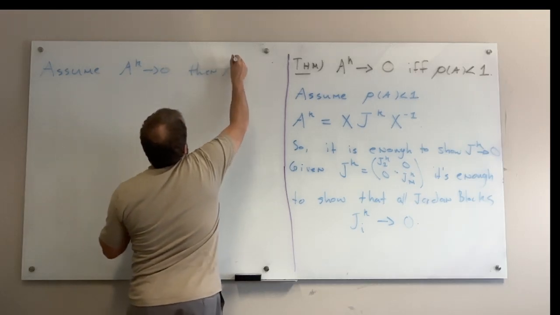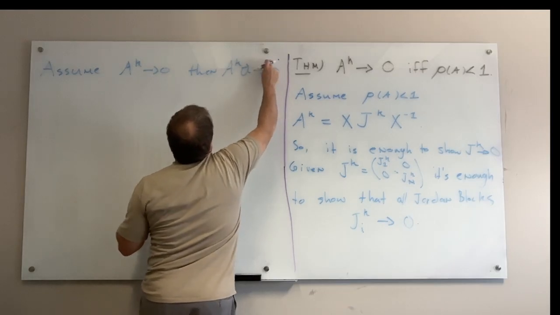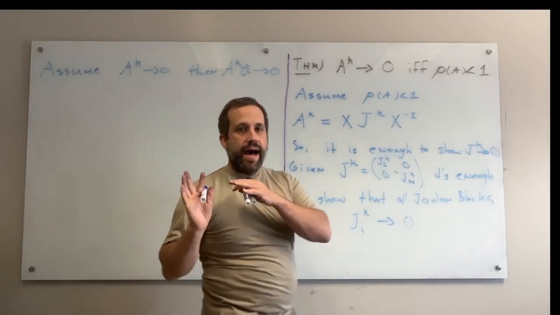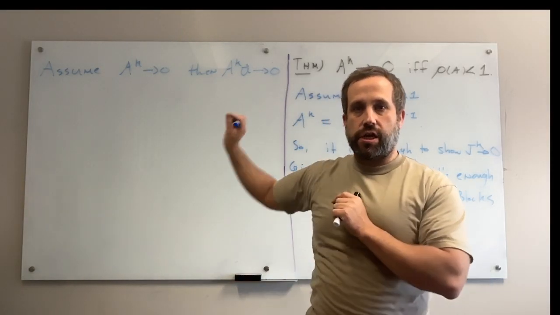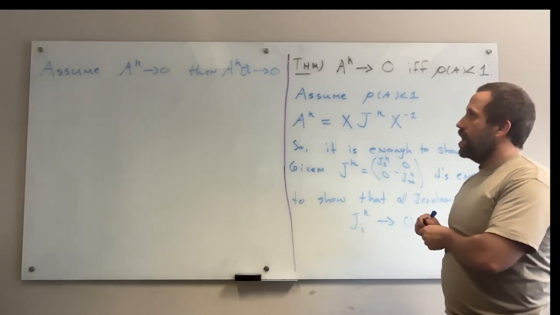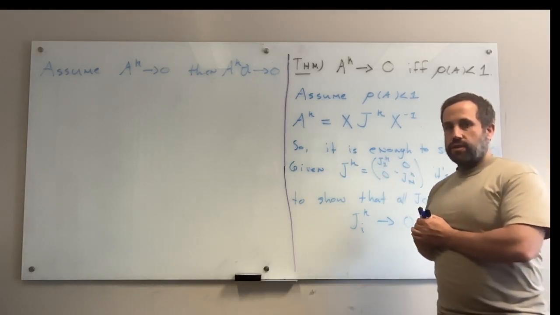Then we know that A^k times any particular vector is going to go to the 0 vector. Because if A^k is going to the 0 matrix, A^k times any fixed vector is going to be going to the 0 vector. Use that to show that the spectral radius must be less than 1.